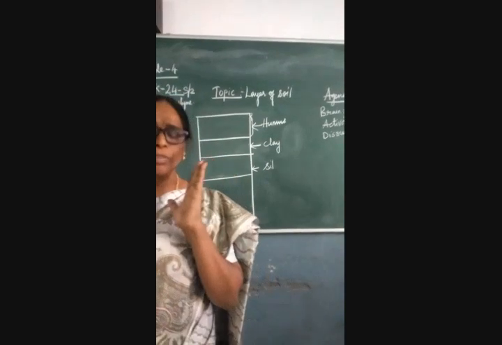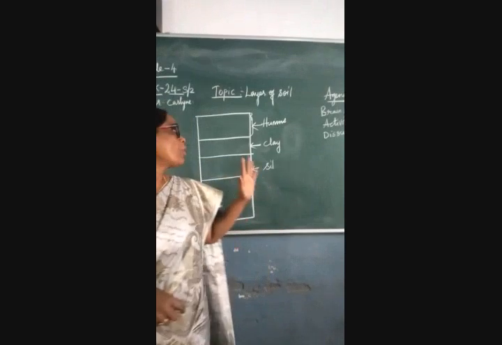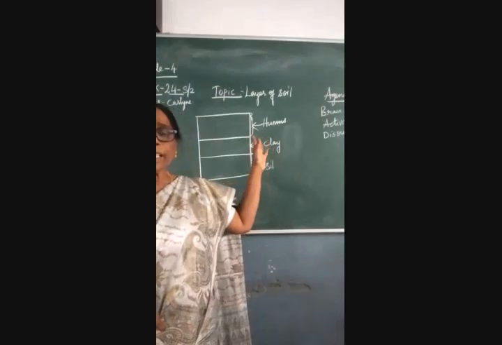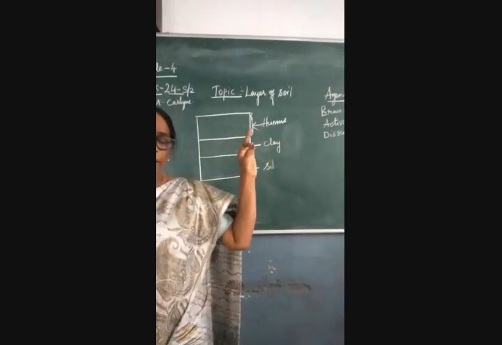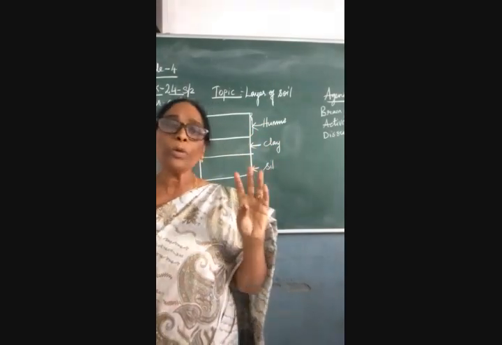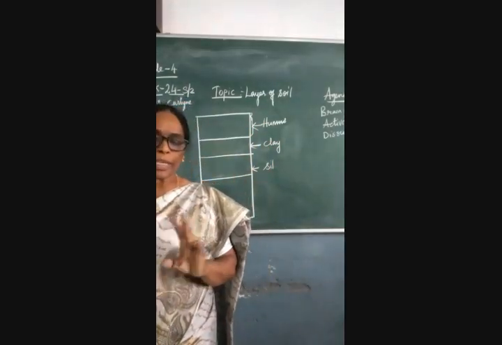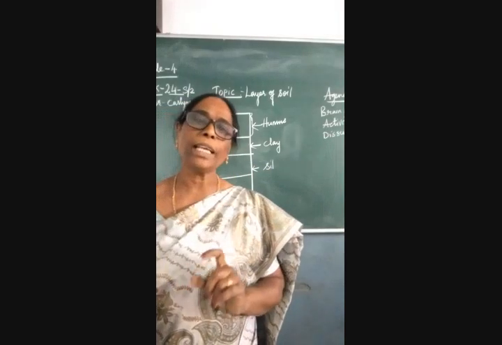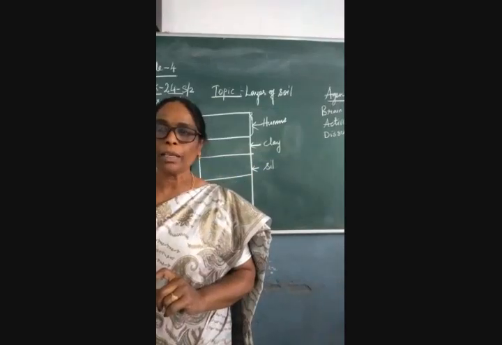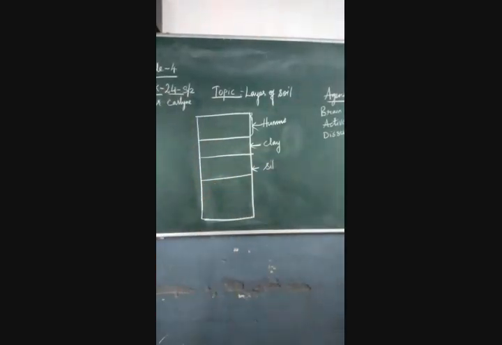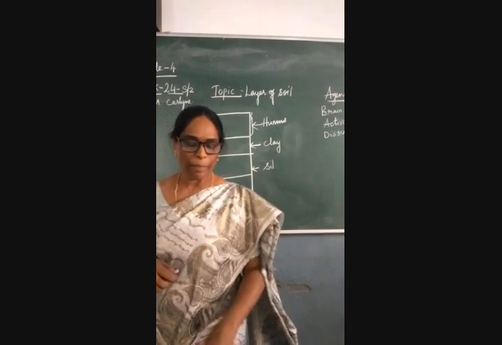The sequence of layers of the soil profile contains sandy soil, silt soil, clay soil and loamy soil. So humus will be there, water will be there, clay will be there, sand will be there and gravel also will be there.